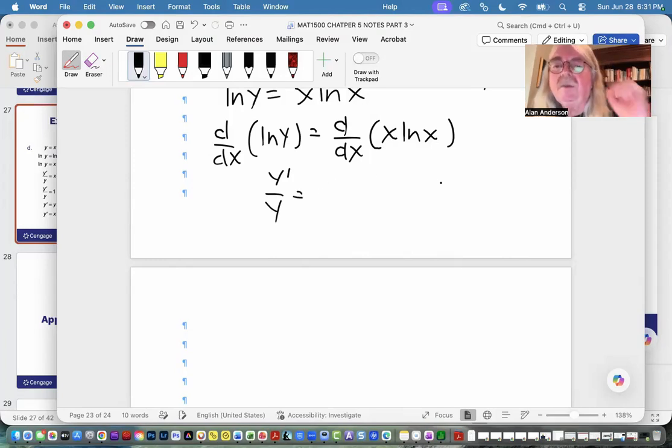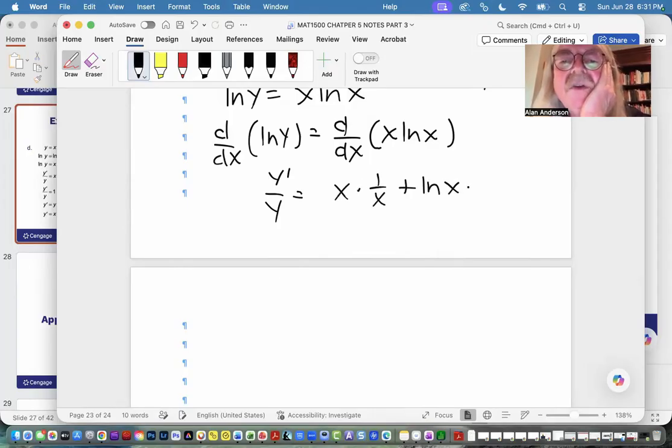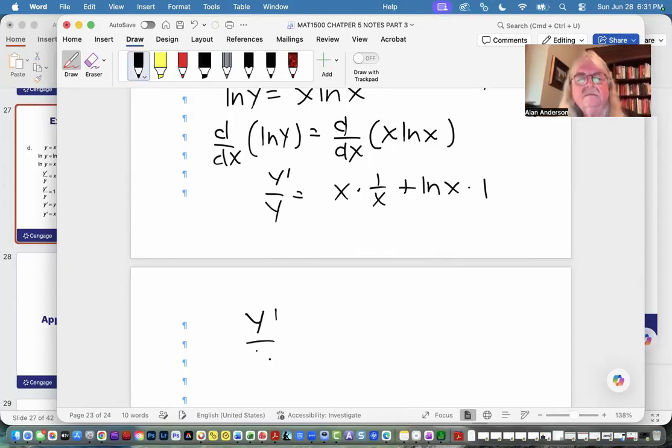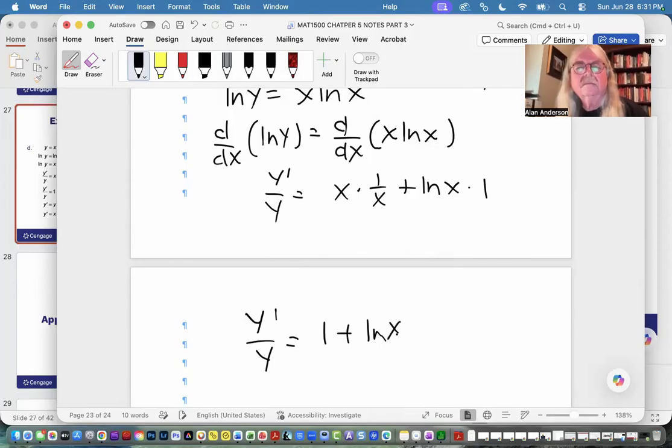Now, of course, if you remember the product rule, we're going to have the first term times the derivative of the second plus the second times the derivative of the first, which simplifies to 1 plus log x.